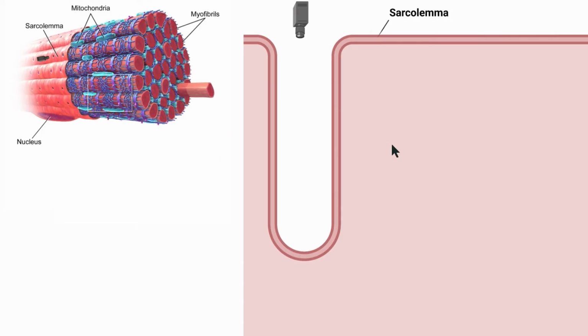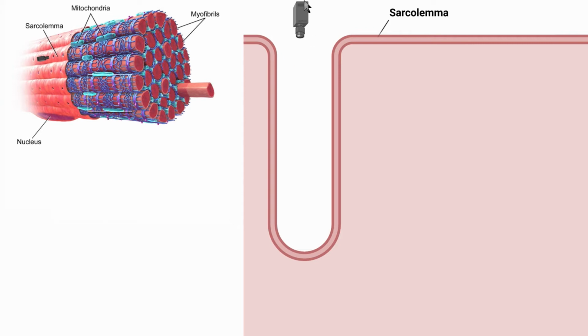So if we take a camera now, if you're looking at the podcast, you can see that I've added a little camera here, and it's looking into one of these holes that seems to be inside the sarcolemma. So it's a hole that goes into the sarcolemma. So what's going on there? Well, it's not that your muscle cells are actually riddled with holes, even though it looks like it at first glance.